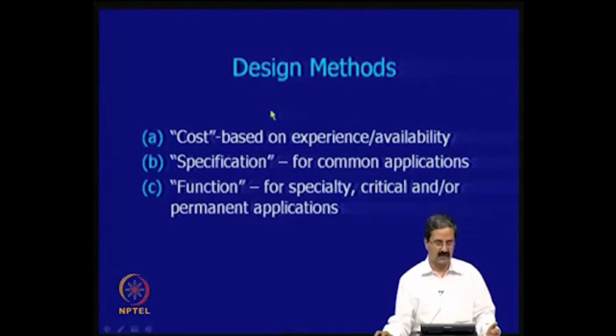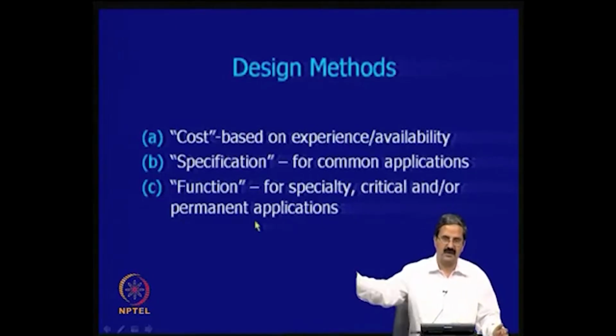Essentially, one is based on experience, another is by specifications, and the third one is by function, where you calculate exactly what function you require and what force you require, and you specify the material. This is for reasonably high end projects, and for critical and permanent applications like RE wall design.